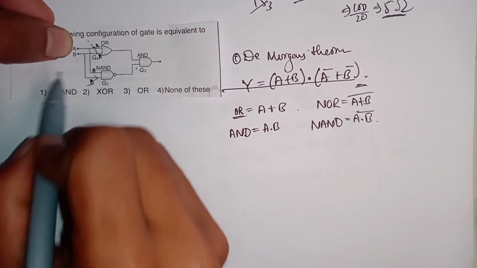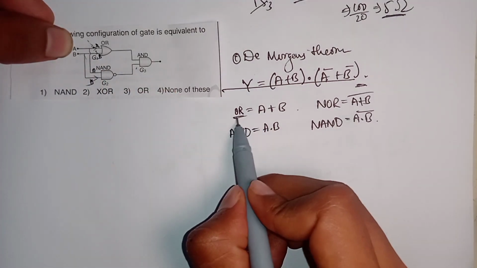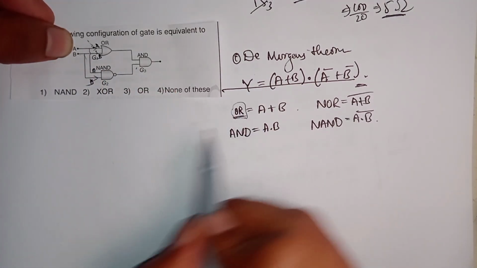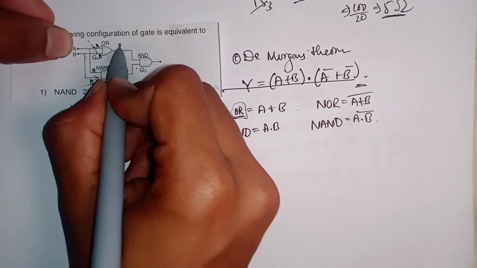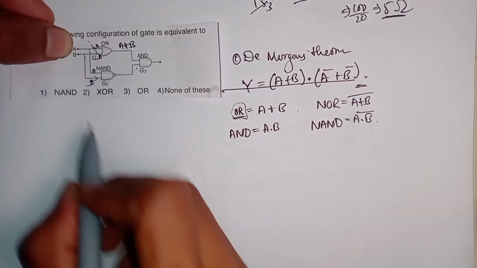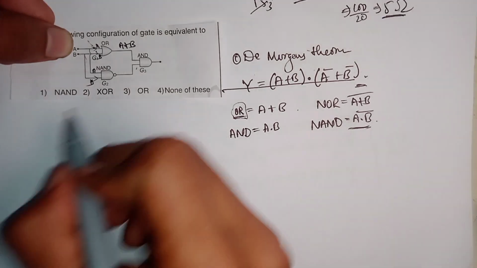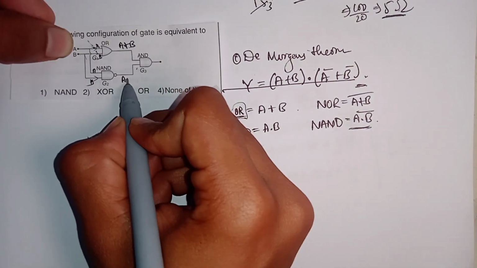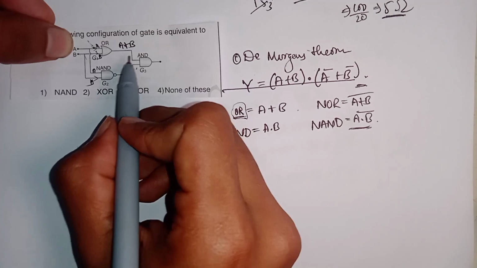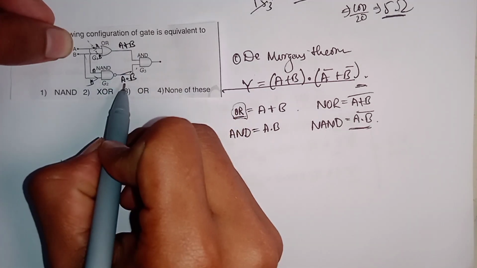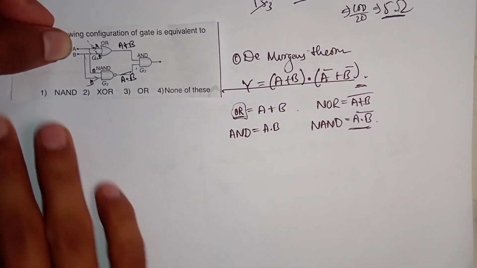The output of the OR gate I have shown here. OR gate output means adding A and B, A plus B. The NAND gate gives (A dot B) bar, and this A plus B expression and the NAND output go to the AND gate.